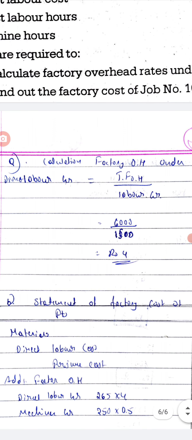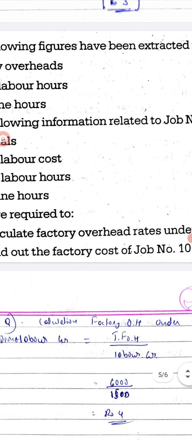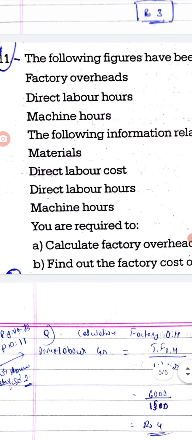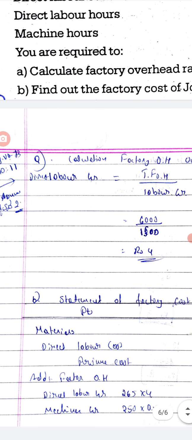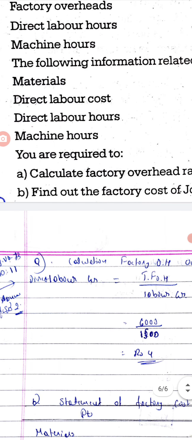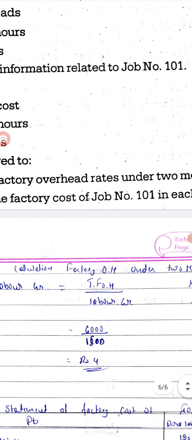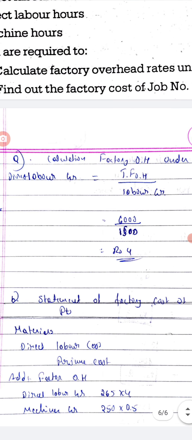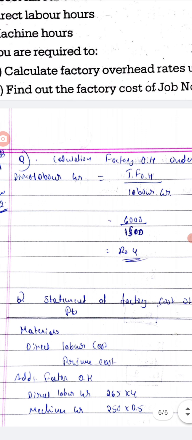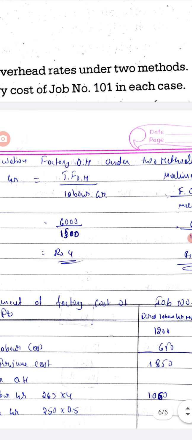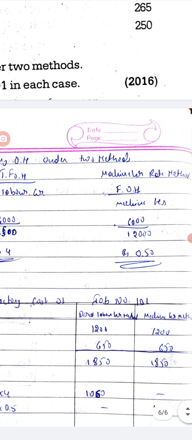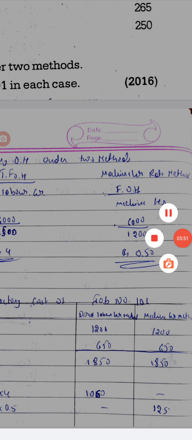And then job number 101, so you have direct labor cost, and then you have direct material cost is also given. So materials are there, labor cost is there, total of that is primary cost, so prime cost. So you have it here under direct labor method and direct machine hour method. So under machine hours method, the first two remain the same, that is prime cost almost remains the same.